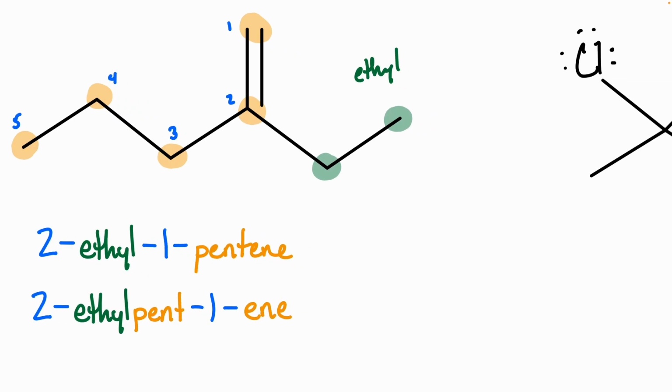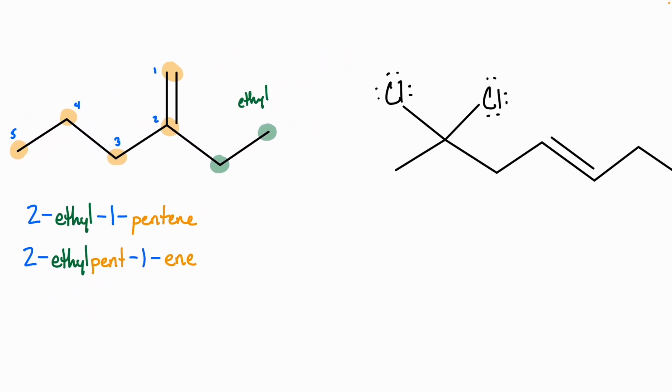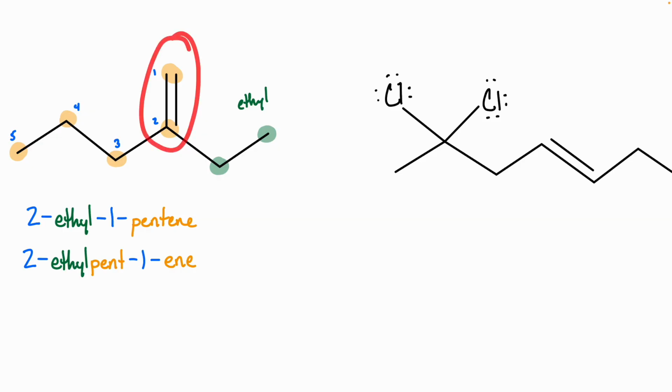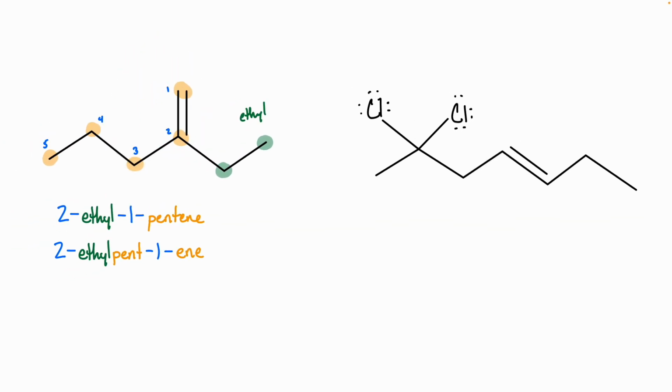Okay? All right, cool. So again, parent chain must contain that carbon-carbon double bond. In this one, my parent chain is pretty straightforward. But when it comes to numbering our parent chain, let's look carefully.